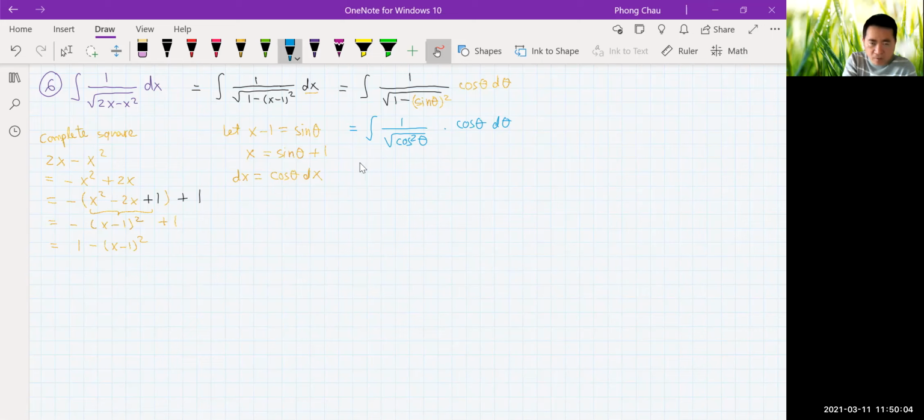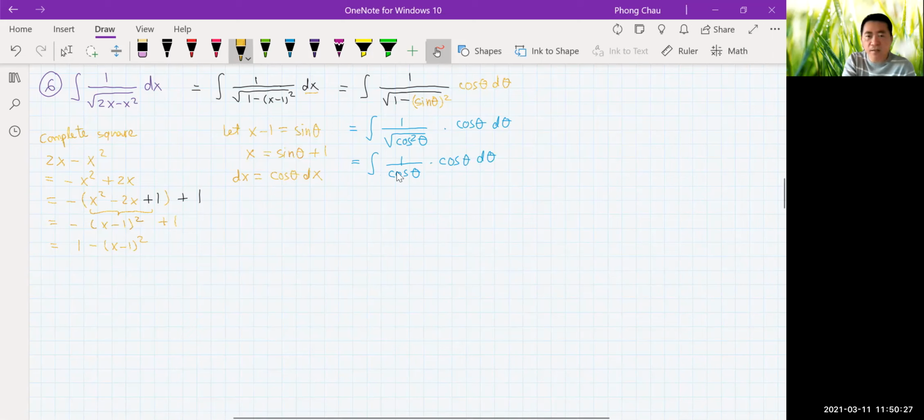And the integrals of this, you can simplify. The whole point of doing that is we simplify till we don't have radical. And you see, square root and square cancel, and you have cosine of theta d theta.